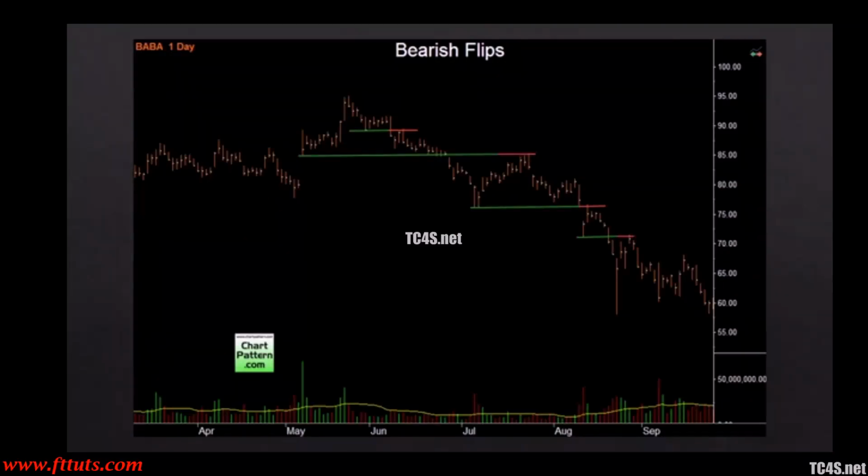Now, there's also bearish flips. We can see in BABA what happened before its recent run, that price was kind of trying to move up here, and it held support and then fell through it and flipped it to resistance. Then it undercut that support and rallied up, and you'd think this looked good right here, but it was just filling into this gap area to the left.